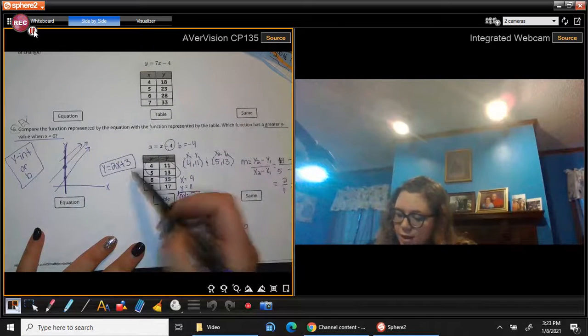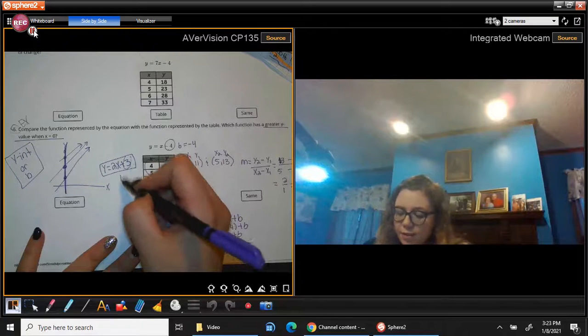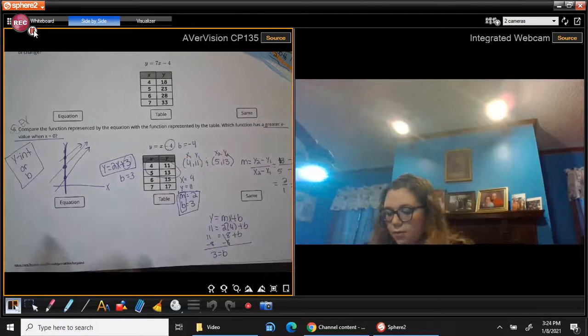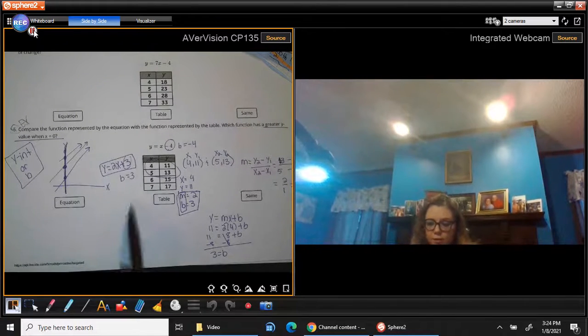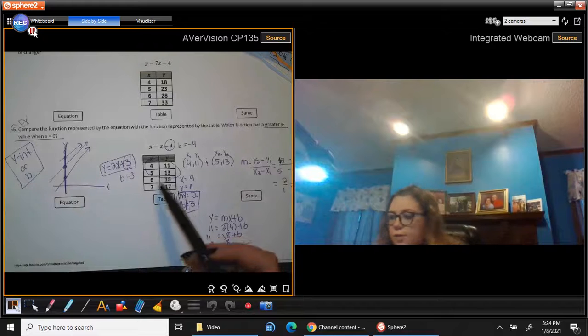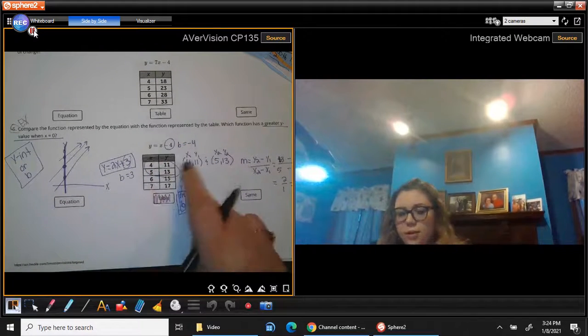Okay, and this time, now I can easily look and say, oh, my y-intercept is 3. Okay, so which one has the greater y-intercept value? And my answer is going to be what? The table. Okay, 3 is greater than -4.